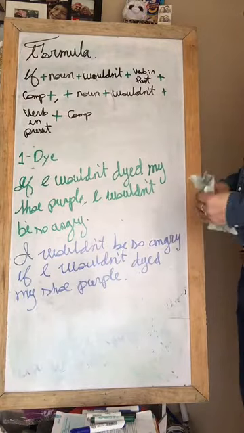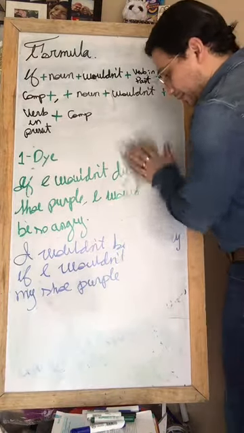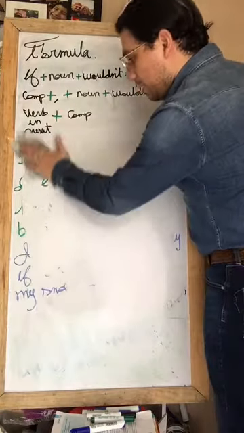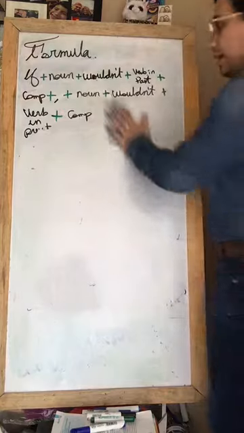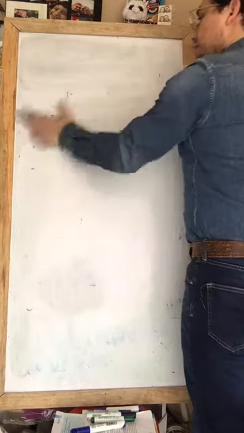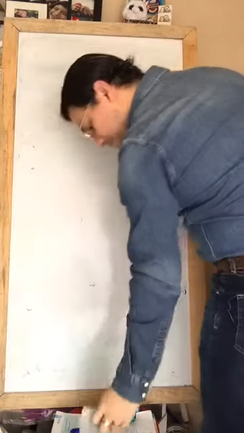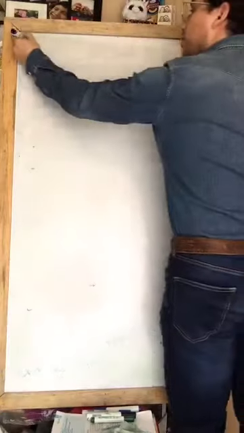Don't forget to use the formula, and let's assign your homework. Remember, if you needed to copy this, because all of this should be copied in your notebook, then just pause the video and rewind it back, okay? Excellent.